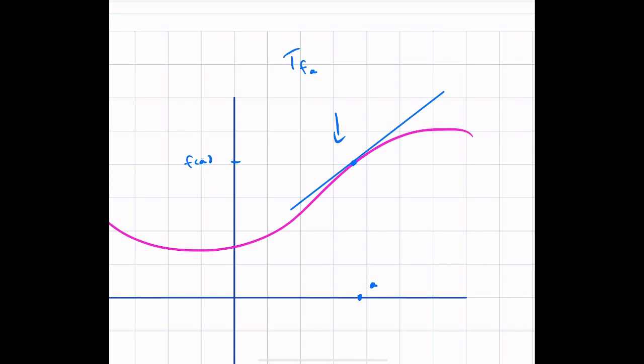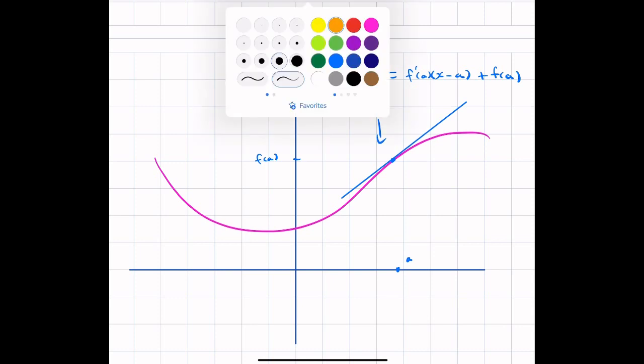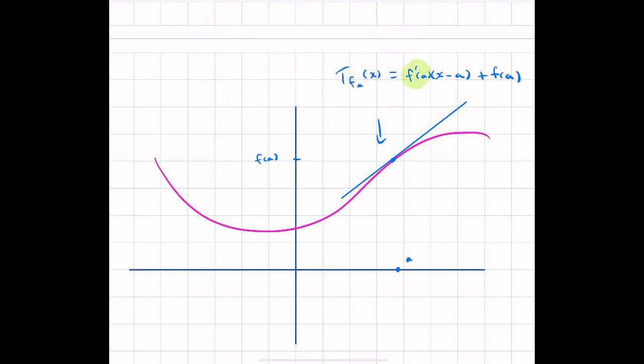The tangent line to f at the point A, as a function of x, has the equation we're going to need for the problem: f prime of A times x minus A plus f of A. This incorporates the fact that the slope is the derivative at the point, and it passes through the point A, f of A. So when x is equal to A, this term is going to be 0, and the value of the function will be the f of A that pops out there.